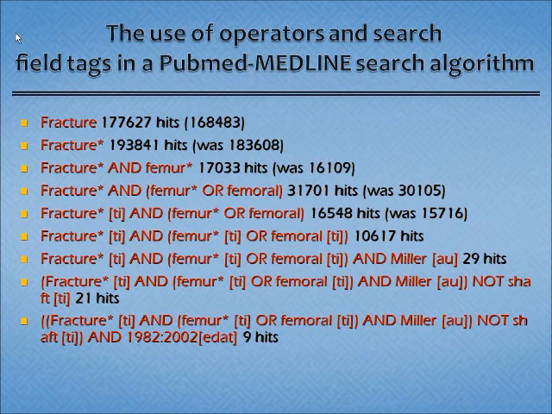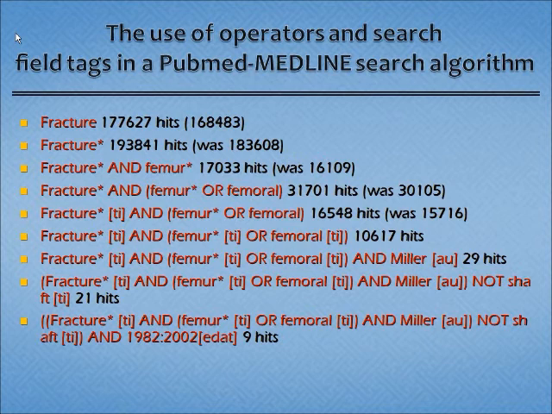We can further limit our results with, let's say, the TI operator, so that fracture or the additional words should be in the title. So you limited it to 16,500 or so.